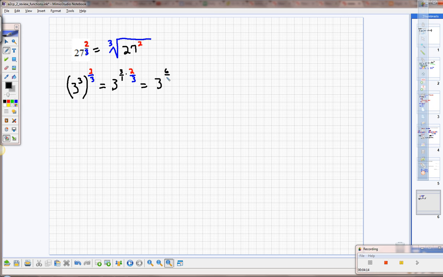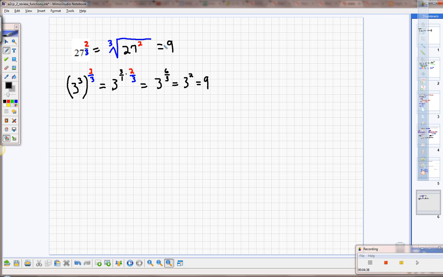So 3 raised to the 6/3 power. Well, the 6/3 power, 6/3, can be reduced to give us 3 squared. 3 squared, which is 9. So the cubed root of 27 squared is 9. And that's how you do it without a calculator.